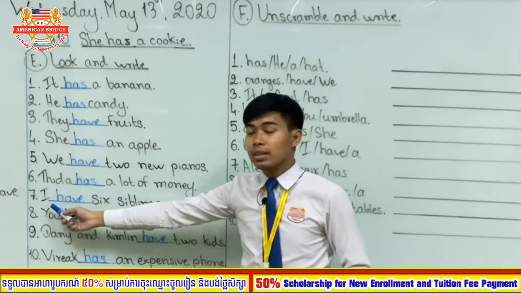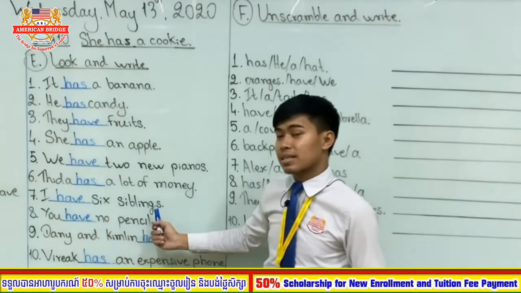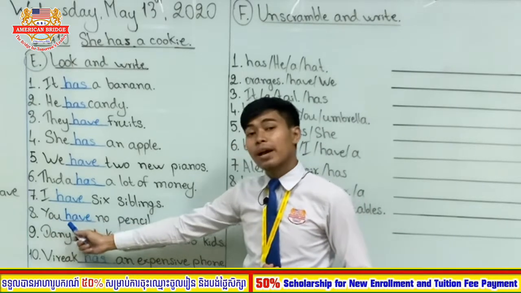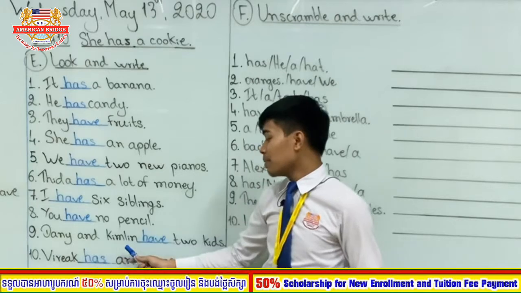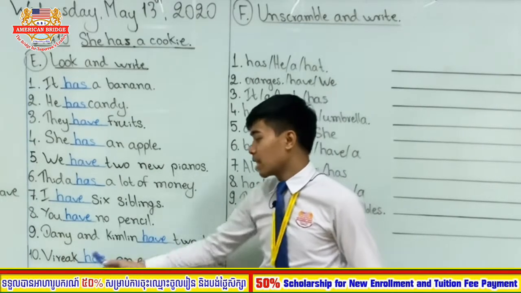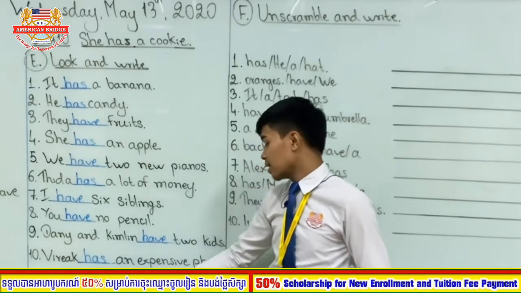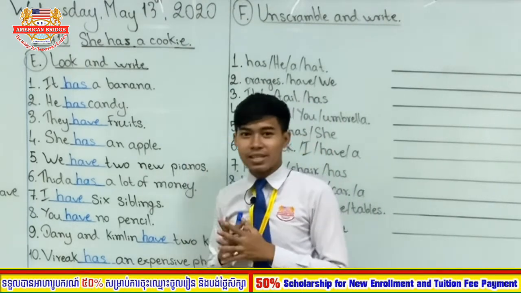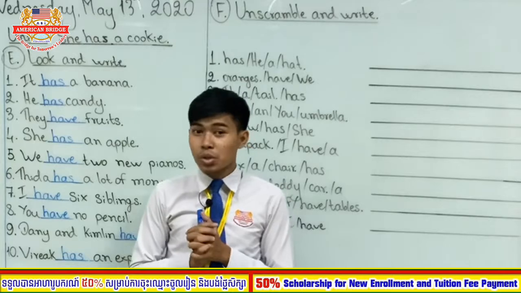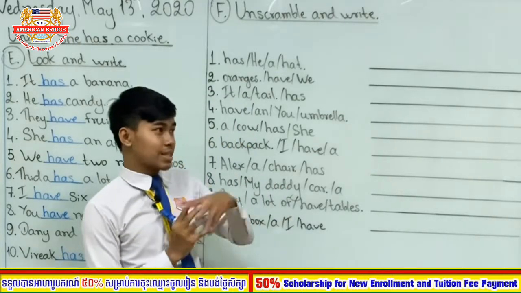Number 7, I have 6 siblings. Number 8, you have no pencil. Number 9, Danny and Kim Lin have 2 kids. Number 10, Virat has an expensive phone. Now let's go to our last exercise, which is exercise F.